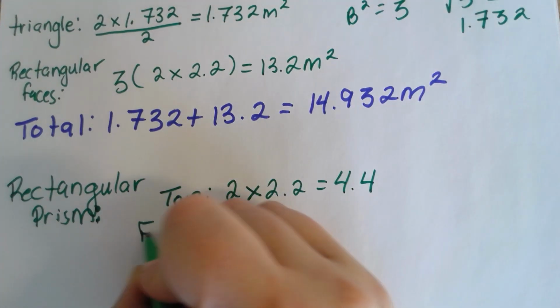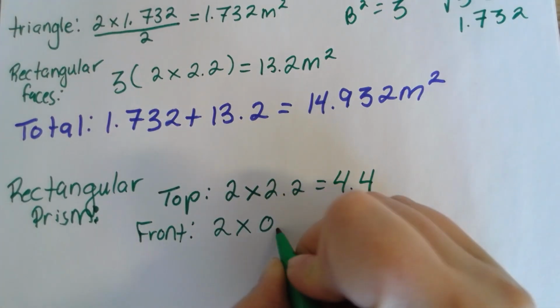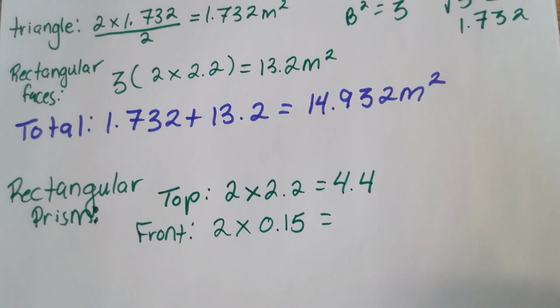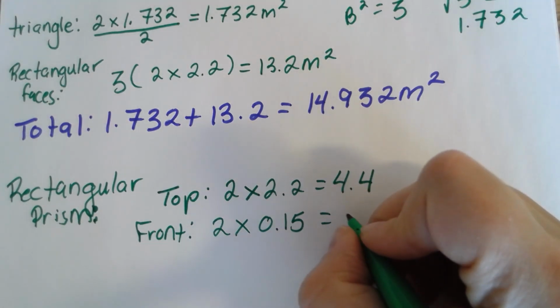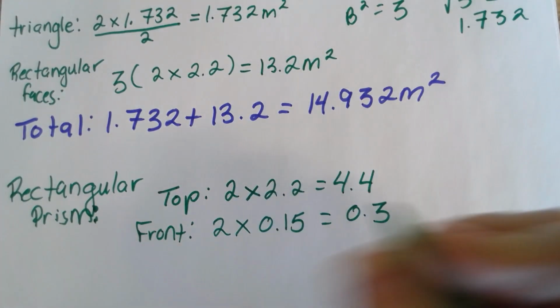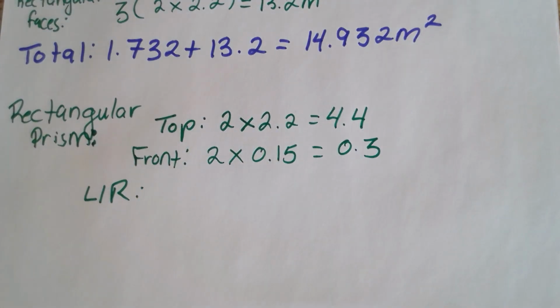My front, it is 2 times 0.15. The 0.15 comes from the 15 centimeters of height. We just switched it into meters, so we are all the same unit of measurement. So this is going to give me 0.3. And for my left and my right, I'm going to do them both at the same time just to save myself some time.